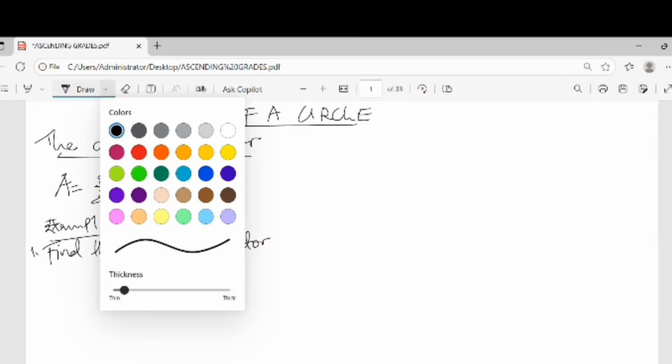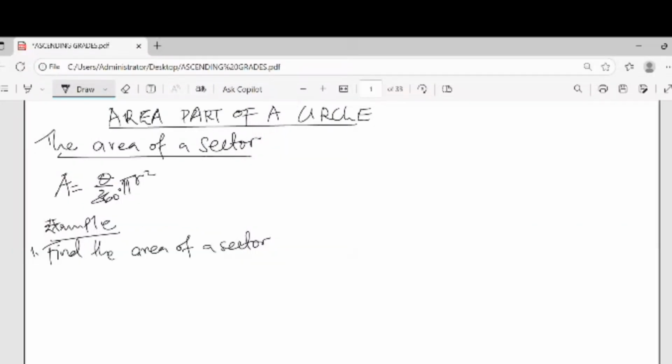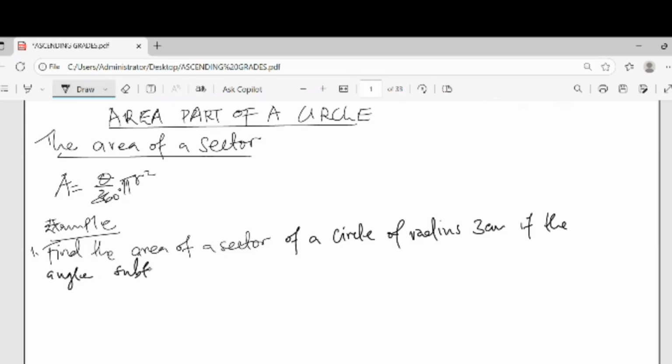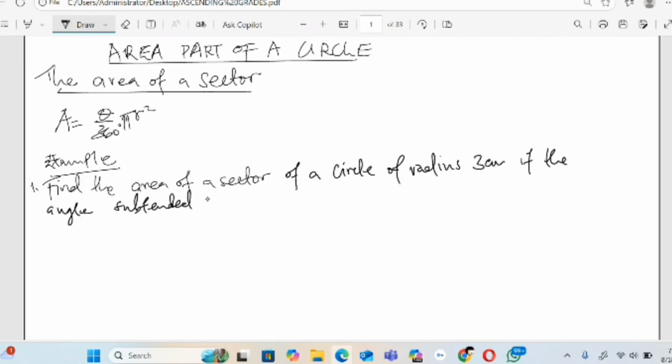Find the area of the sector of a circle of radius 3 centimeters, if the angle subtended at the center is 140 degrees.